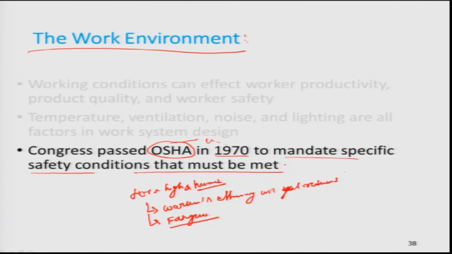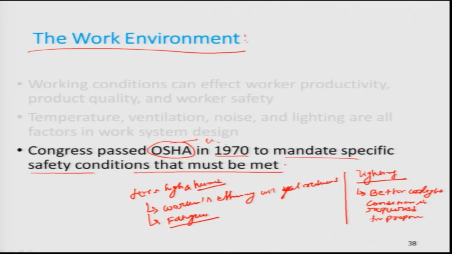Okay. Lighting condition is also part of the working environment. Better lighting condition is required for proper visualization by the worker.